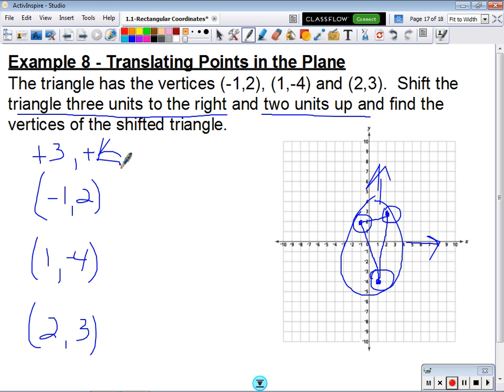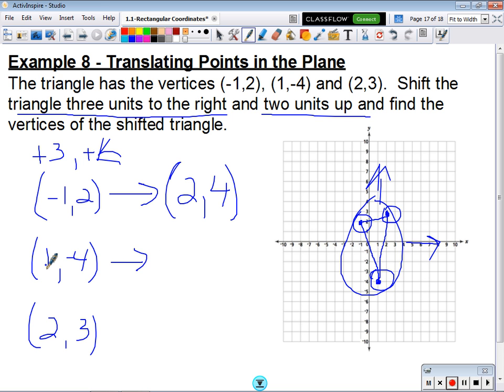So when I go to do that, for instance with this first point here, if I take -1 and I add 3 to it, that's going to be +2. And if I take +2 and I add 2 to that, that's going to make this +4. So that first point there is going to be from -1, 2, that's going to shift to the point 2, 4.